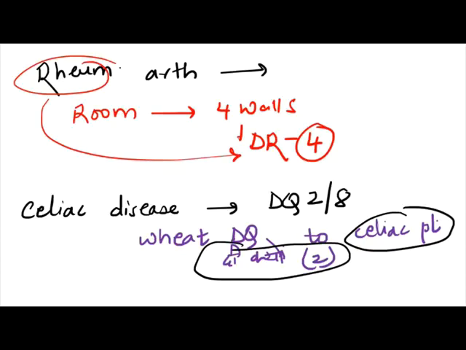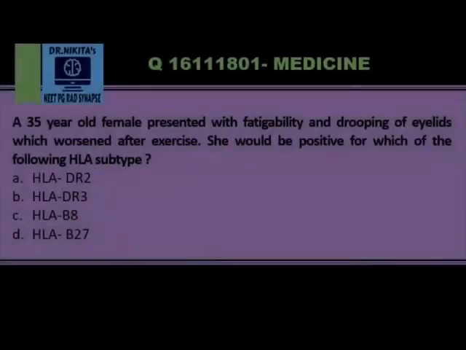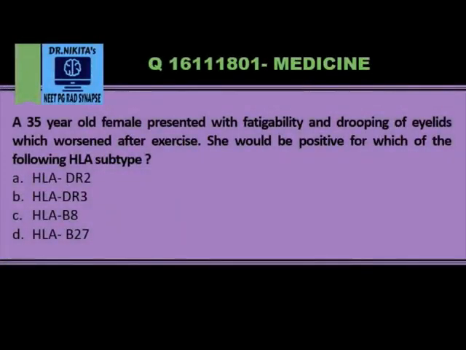So these are the important HLA subtypes and their associations. This is an exhaustive list, but at the same time important. If you revise it frequently, you will remember it very easily and in a better way. So coming back to our question. So this was myasthenia gravis.